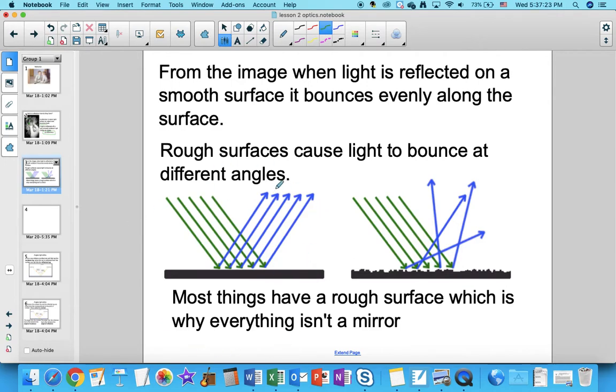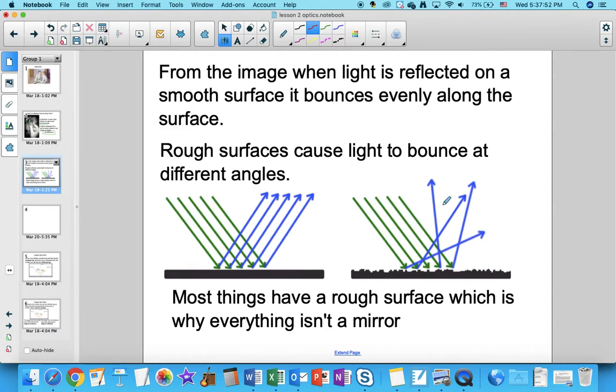In this ray diagram, a diagram that shows rays of light, light is hitting here and bouncing up, but so are all the other rays. All the rays are hitting at the same angle. So if this light ray is hitting at a 45-degree angle, so is every other light ray. And so the reflections on a smooth surface will bounce in the same direction.